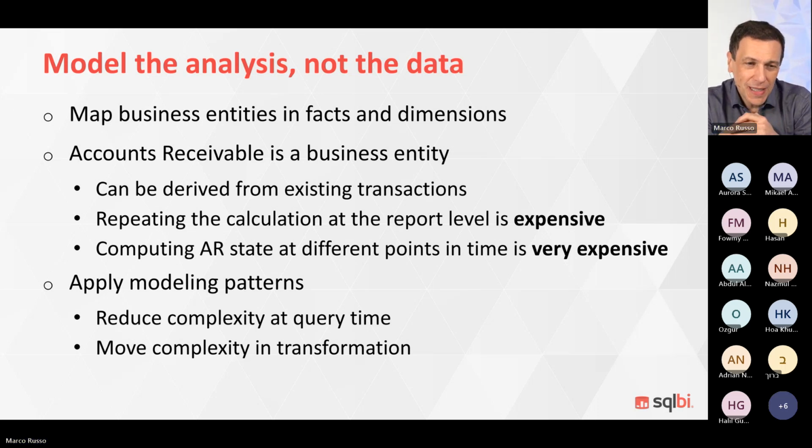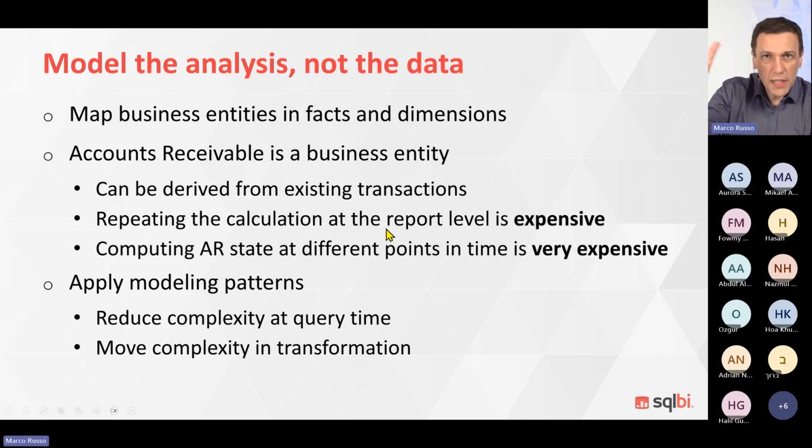So the idea, when you see this slide, is that repeating this calculation, just connecting the two fact tables at report time, is expensive, and computing this calculation multiple times because we have to create a chart is very expensive, because we repeat this operation multiple times.